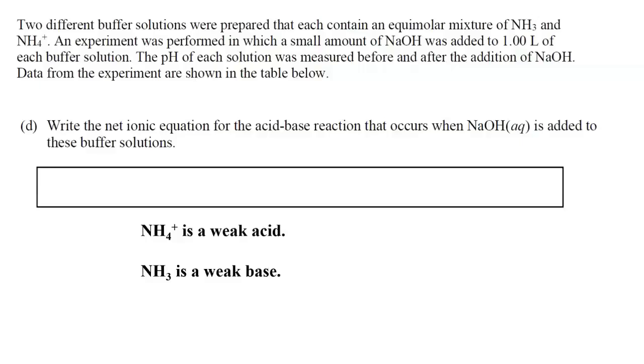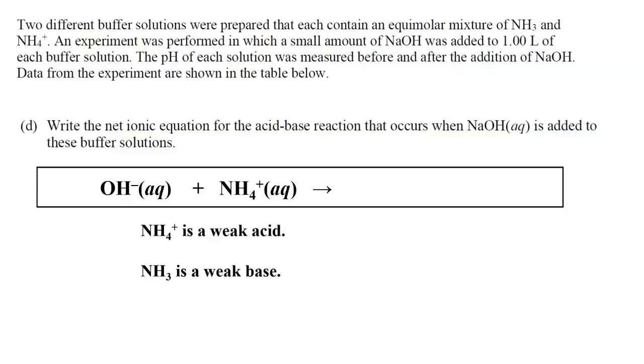Now, will OH minus react with a weak base or a weak acid? NH4 plus is the weak acid. NH3 is a weak base. So a strong base does not react with a weak base, but instead a strong base will react with a weak acid. So on the left, in your net ionic equation, it's going to be OH minus plus NH4 plus.